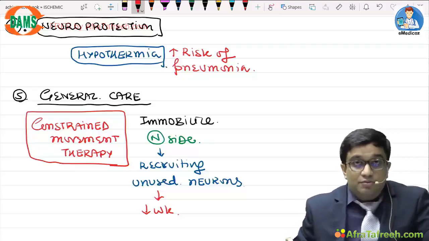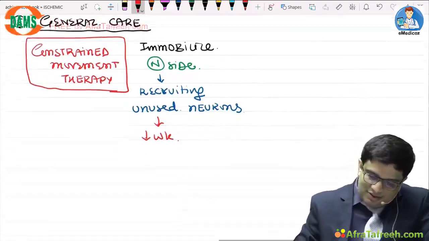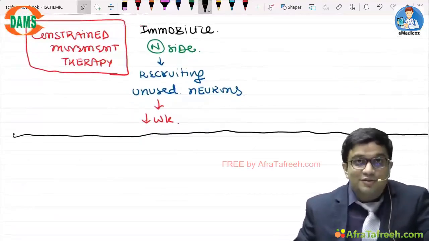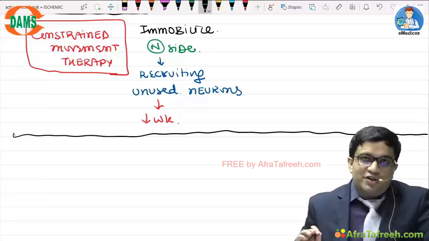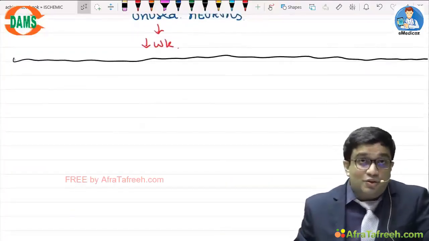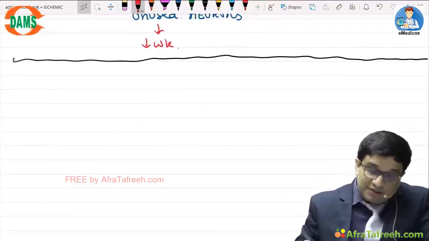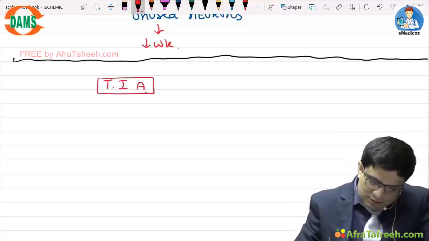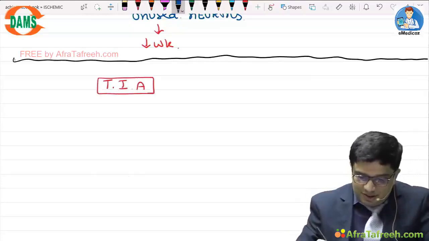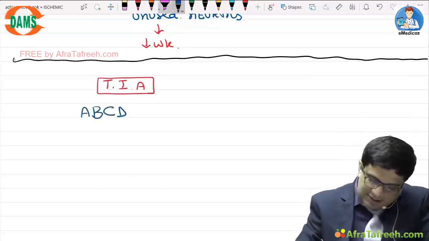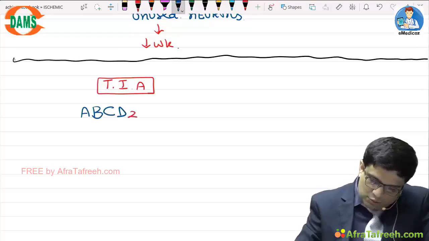But one thing should be very clear: TIA, the younger brother of stroke, when will he become stroke? For this we have a very important scoring system to know about, a scoring system for TIA patients. Transient ischemic attack patients are basically scored on the basis of a scoring system. The name of that score is the ABCD2 score.